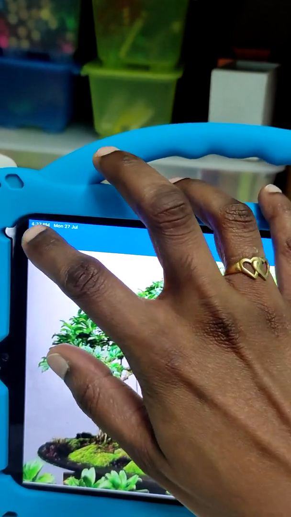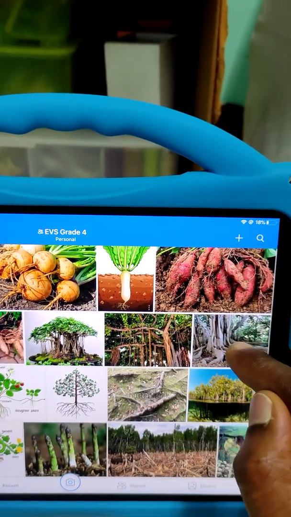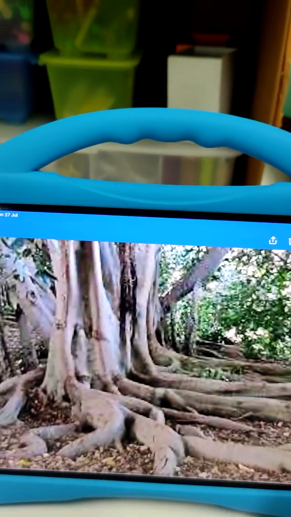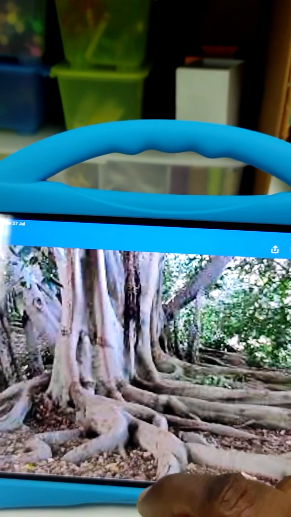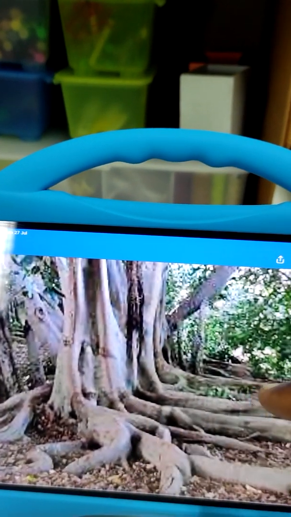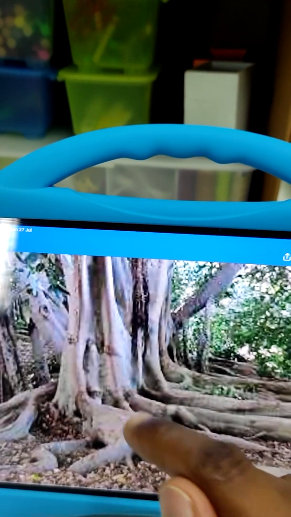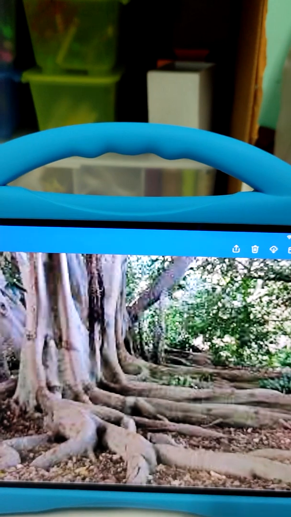The next one is buttress roots. This is the aerial roots, and next we are looking at buttress roots. This type of roots start emerging from the bottom of the trunk. See, this is the trunk or the stem of the tree, and these roots start emerging from the bottom of the trunk and they spread around the tree and spread themselves inside the soil.